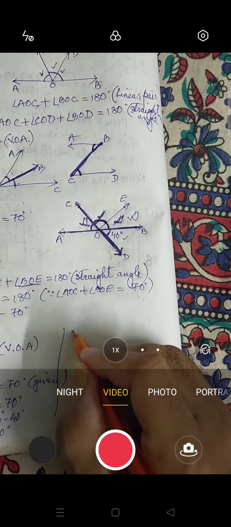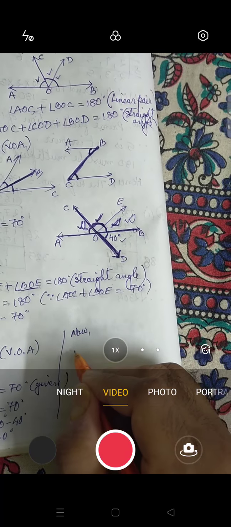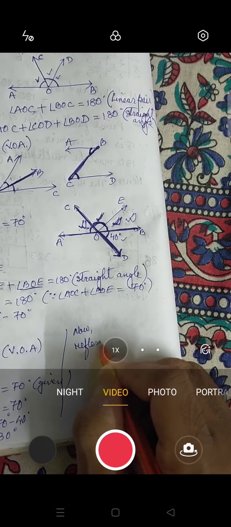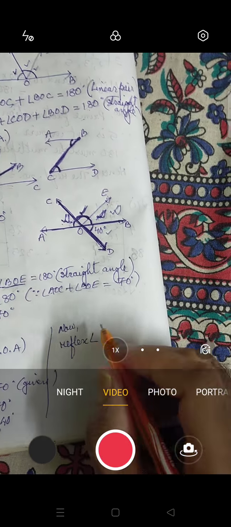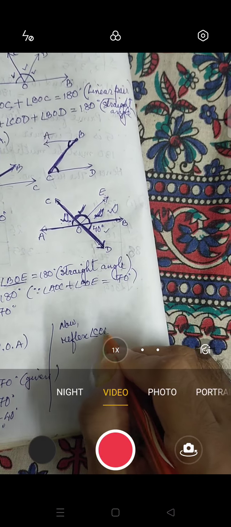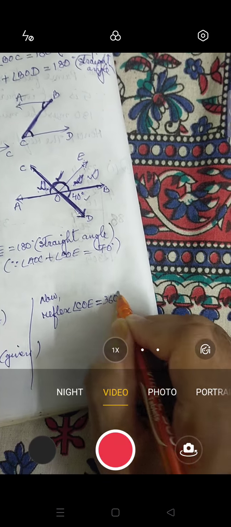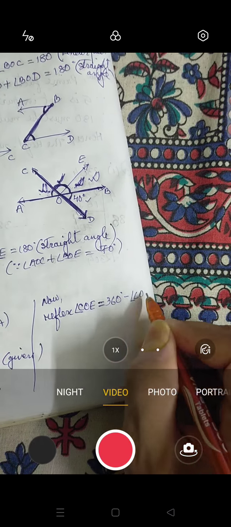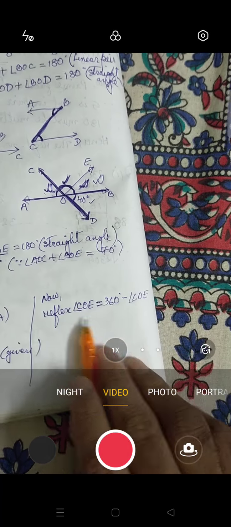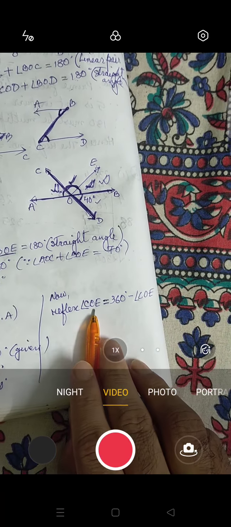Is it clear? So here I'll say now reflex angle COE. It was said to find reflex angle COE. So reflex angle COE equals, how to find? 360 minus angle COE. There is a difference between angle COE and reflex angle COE.